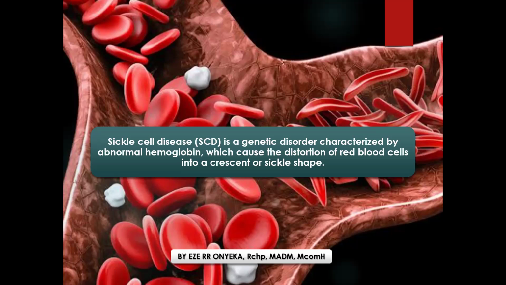Hemoglobin, like we said earlier, is made up of different proteins called globin chains, and these globin chains are of 2 types, alpha and beta chains.